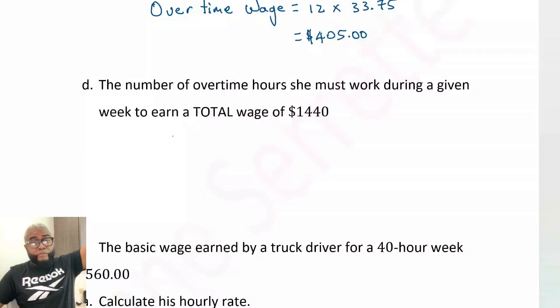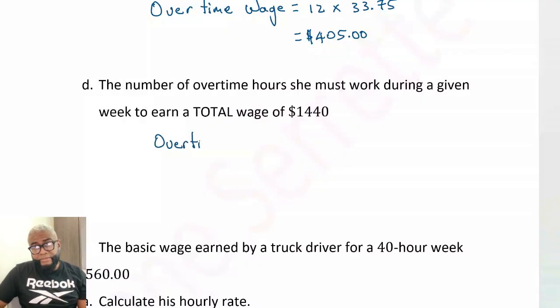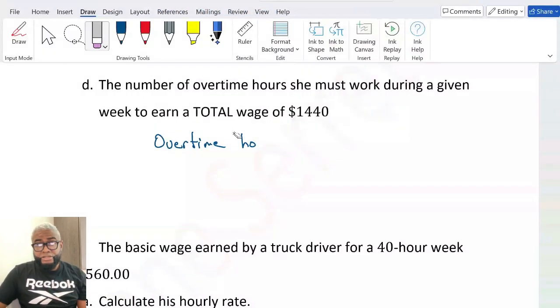So now we need to figure out the overtime wage that is within that. How much did she make in the basic wage, which is what I just deleted from the question before? 900. So we're going to work out the overtime hours. Not hours, sorry, wage. Pay close attention to the terminology.